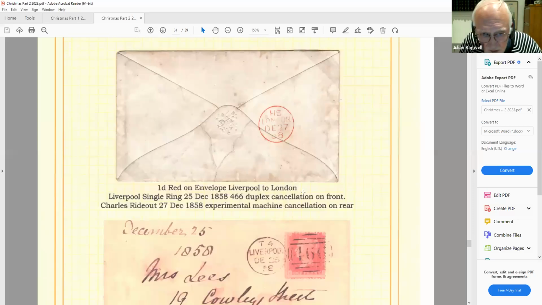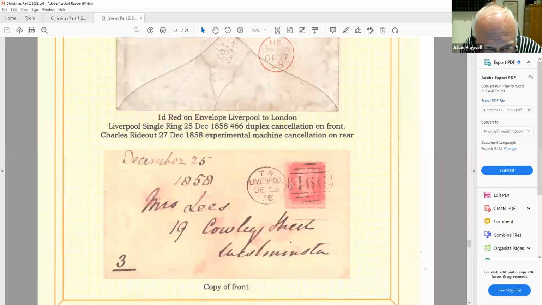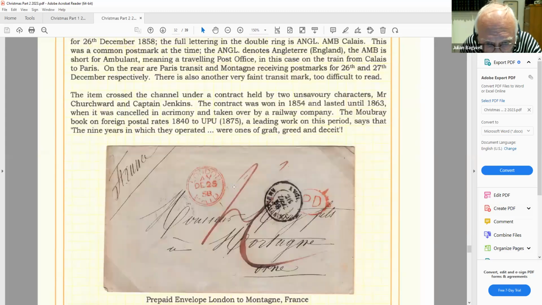And on the front, Liverpool duplex cancellation, December the 25th, and indeed manuscript, December the 25th as well. This is a letter to France.